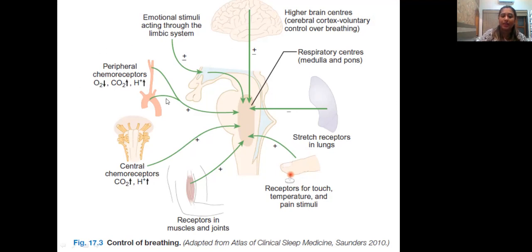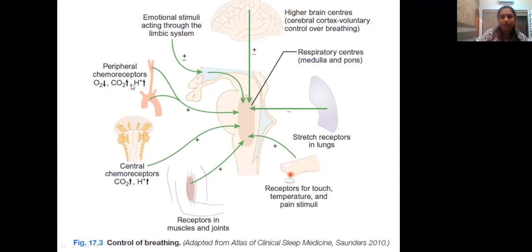Similarly, there are the peripheral chemoreceptors, which are carotid and aortic bodies. Okay, so these chemoreceptors also give a positive drive whenever there is decreased oxygen or hypoxia, increased carbon dioxide or hypercarbia, and increased H+ or acidosis.